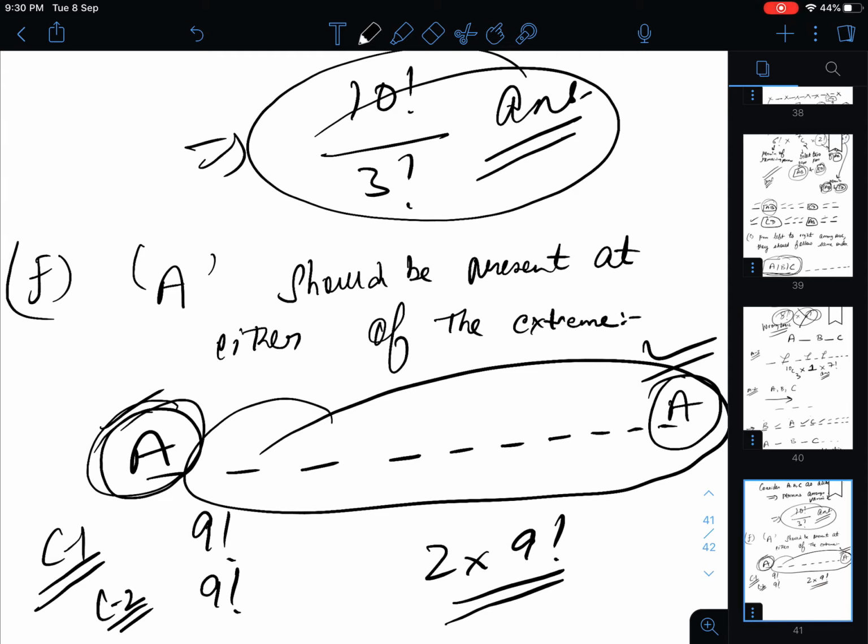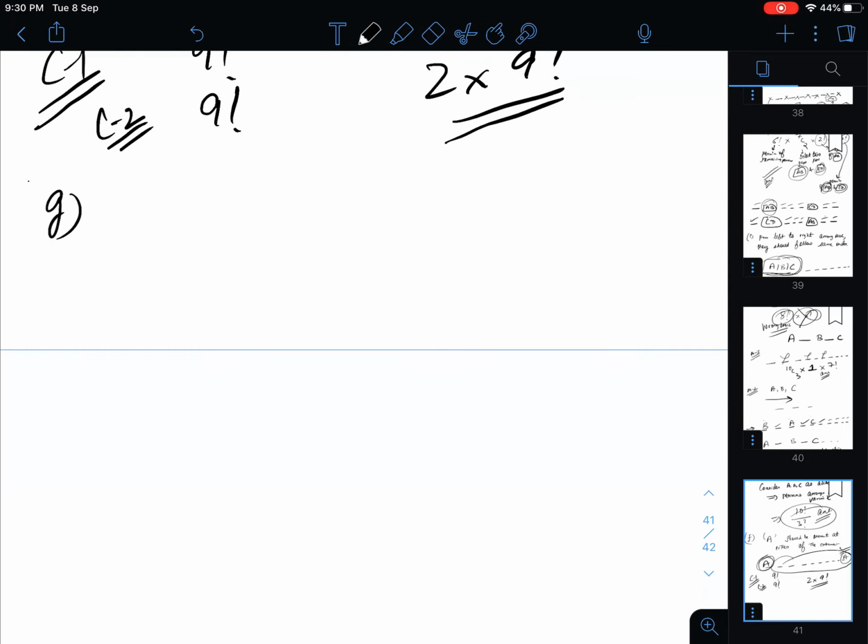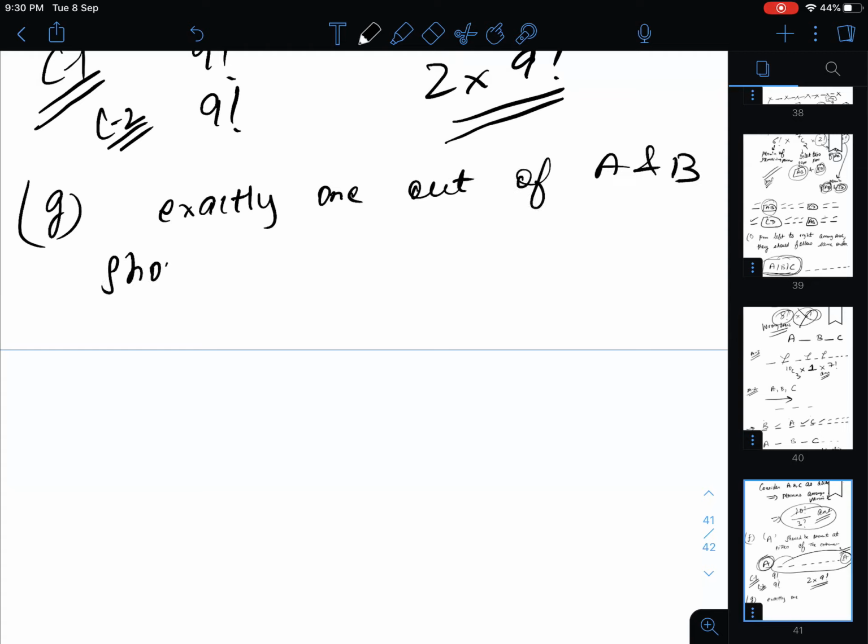Now, if I ask you that exactly 1 out of A and B should be at extreme. Okay, this is a little tricky. You see, you have 10 places, 1 2 3 4 5 6 7 8 9 10.